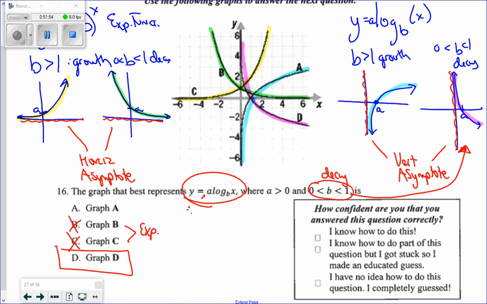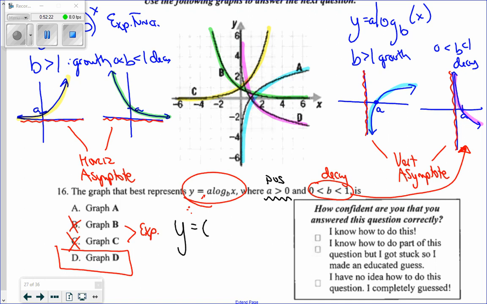Now, let's talk about cheating. Okay. What does this mean? A greater than 0. What type of number does a have to be? A greater than 0 means a is positive. So, give me an example of a positive number.